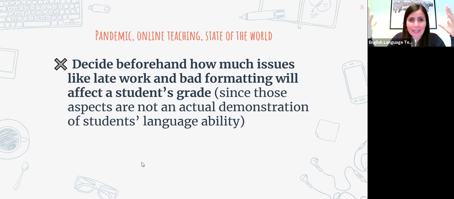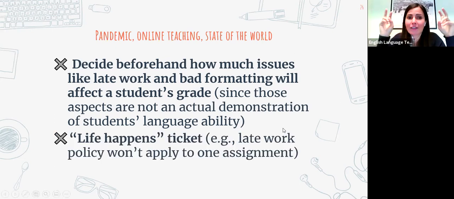And because of the pandemic, the state of the world right now, one thing that I've heard a lot from teachers is the life happens ticket, right? So, for example, you can have a late work policy that won't apply to one assignment, and the student can choose which assignment it is, and they let you know.